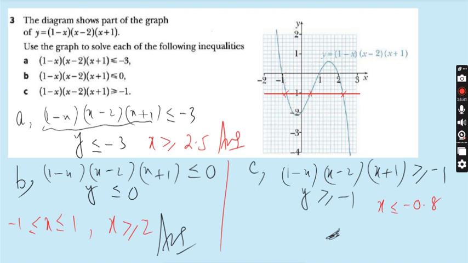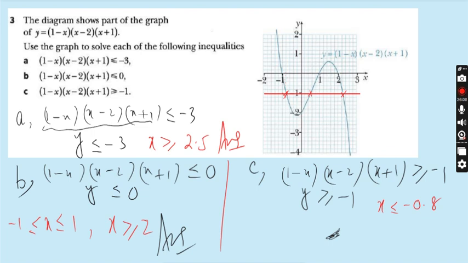And the second, because we know the value which is greater than this line, so the values of x are those above the red line.